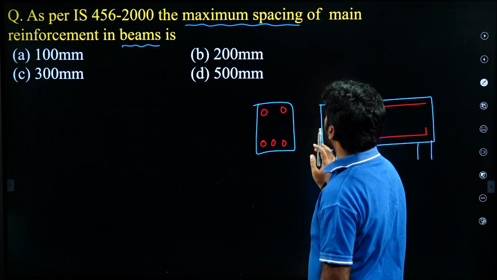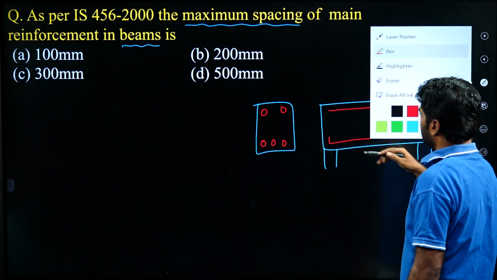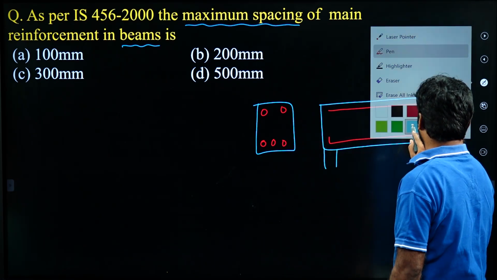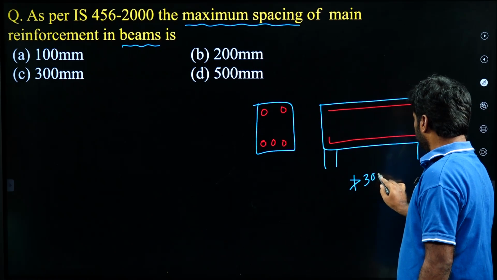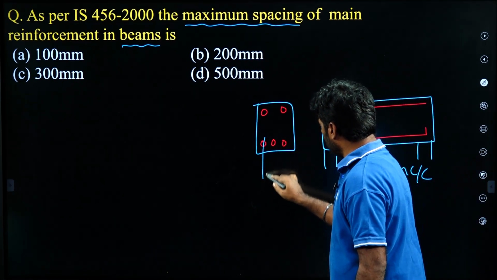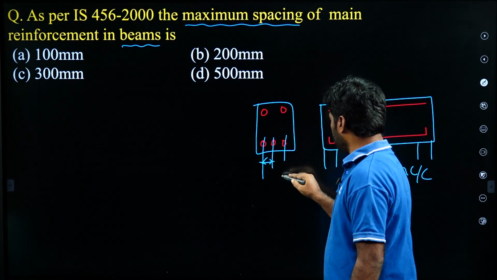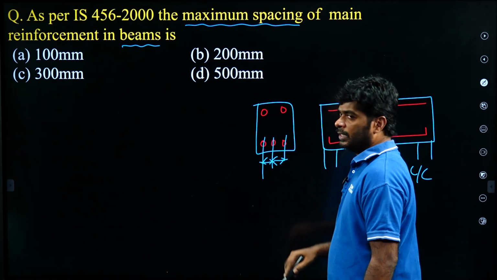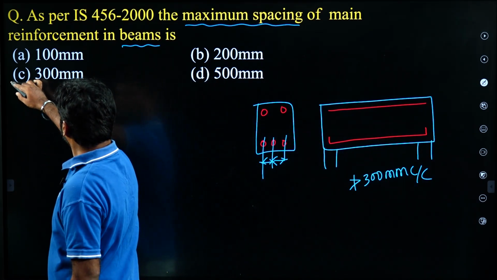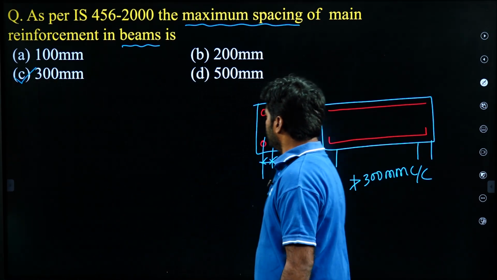They are asking what is the maximum spacing. Maximum spacing for main steel, whether in the tension zone or the compression zone, should not be more than 300 mm, center to center, from center of the bar to center of the bar. So option C is correct, maximum spacing.